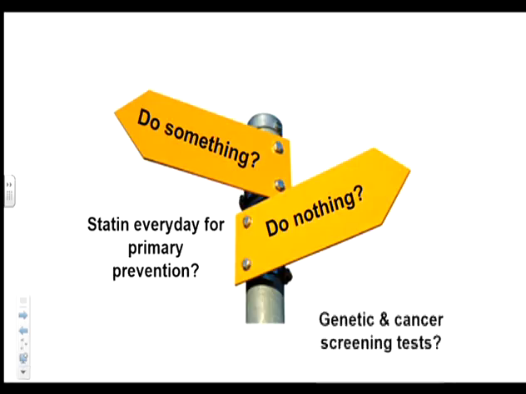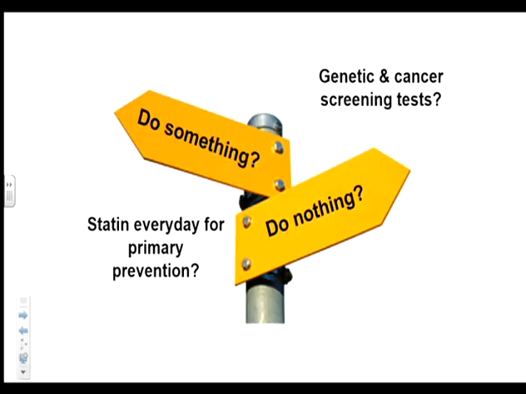Or maybe something a bit more complex, like genetic and cancer screenings and tests. Well, you may have the genes. Does it mean it's going to express itself and you'll actually experience cancer? So those are situations in which it's very gray and we're not sure what's always right or wrong, and we have to individualize our treatments. So I'll pass it back to Dr. Martens to address that challenge.